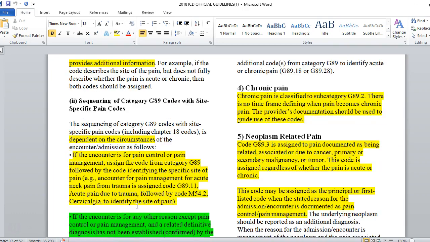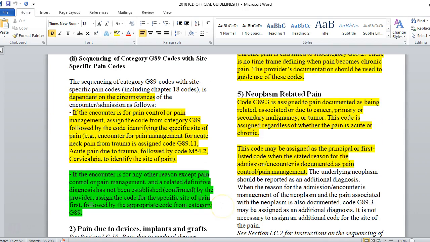Now again, the sequencing, we have to be careful. Sequencing, what order do these codes go in? The sequencing of category G89 codes with site-specific pain codes, including Chapter 18, is dependent on the circumstances of the encounter as follows. If the encounter is for pain control or pain management, assign the code from category G89 followed by the code identifying the specific site of pain.